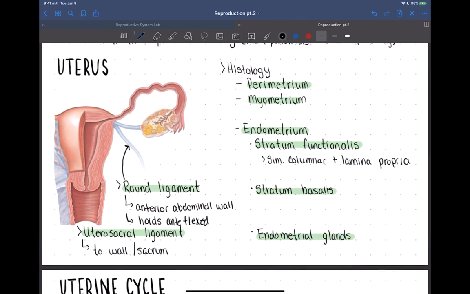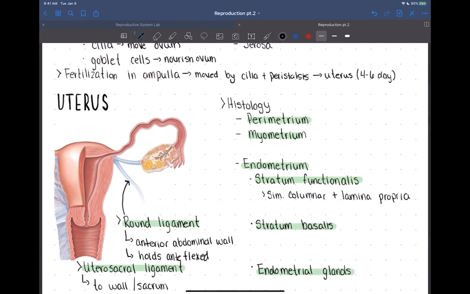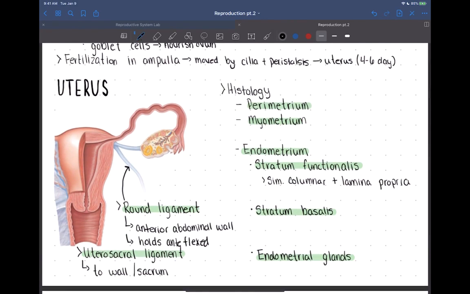Okay, and so before we get into histology, let's just talk a little bit of anatomy. All right, so if we're looking at the uterus, we can point out some different parts. I'm trying to figure out where to write this so I don't have a bunch of lines crossing over each other. We'll put it up here. All right, so we have the cervix.